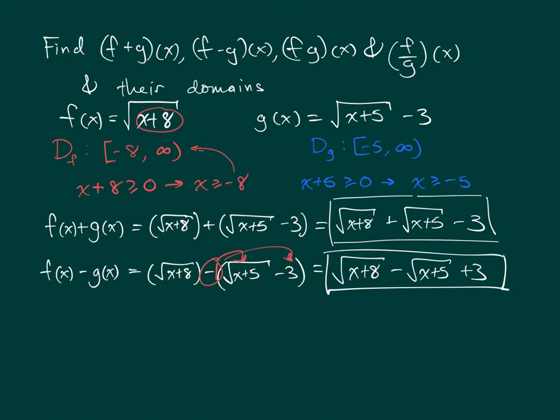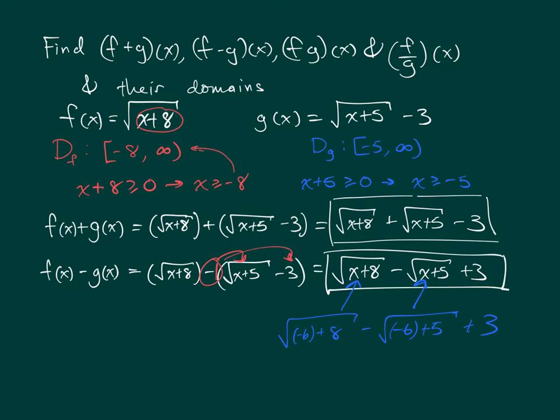So let's say you pick this domain. This domain would not be the domain of these two new functions, because in this domain, I can pick a number like -6. So if I pick -6 and I substitute it in for these x's here and here, what that means is I'll end up with a square root of -6 plus 8 minus the square root of -6 plus 5 plus 3.